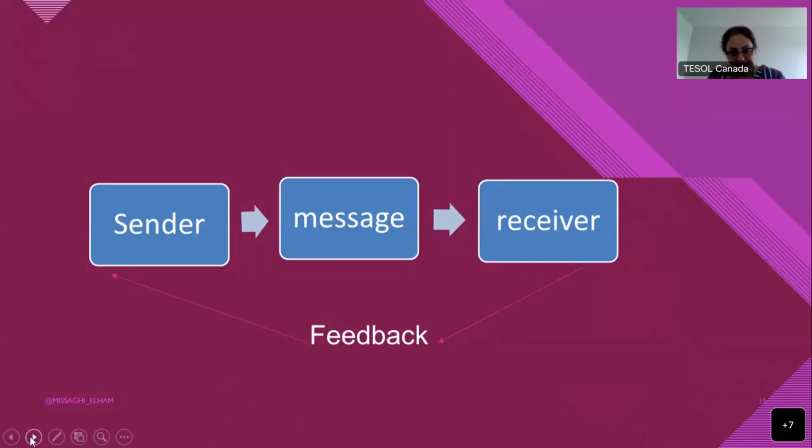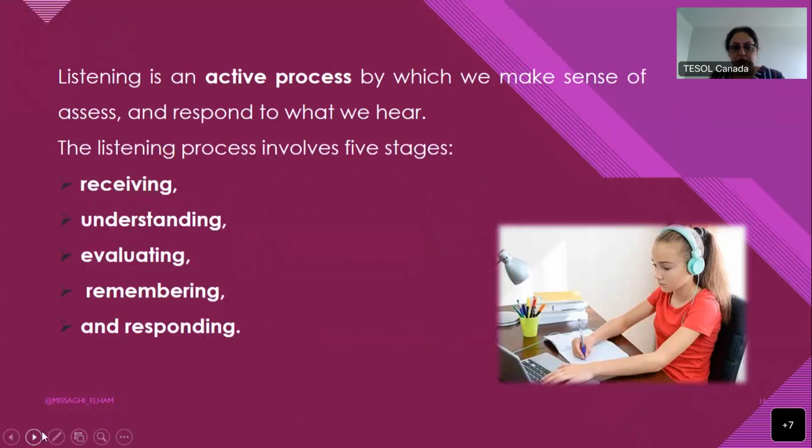While we are teaching listening, we need to get the feedback. We talk about skills being integrated. So when you're planning your lesson, always think how to get the feedback for the listening part. They receive the message.